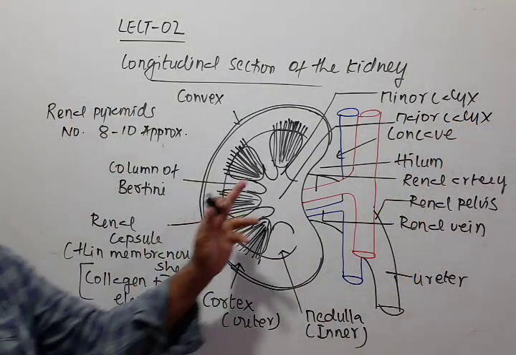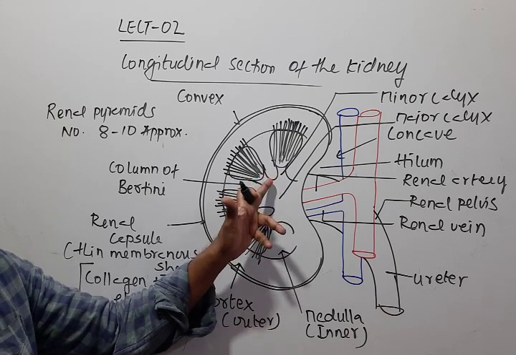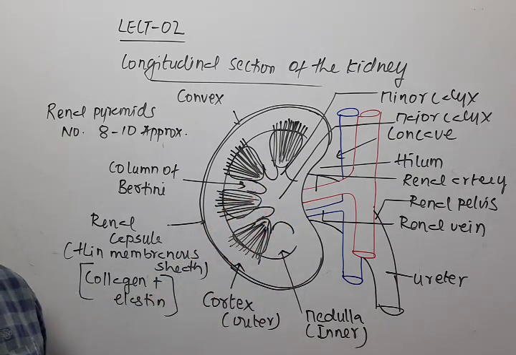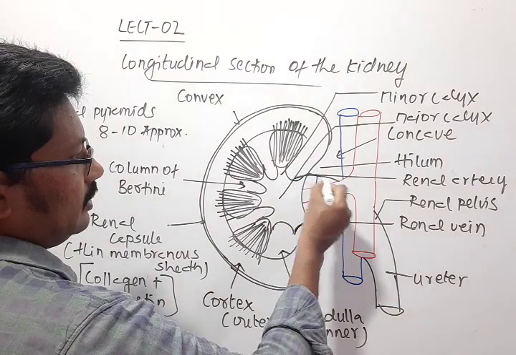So the tip of the renal pyramids will open into the minor calyx, and the minor calyces will open into the major calyx, and these major calyces will finally open into the renal pelvis.